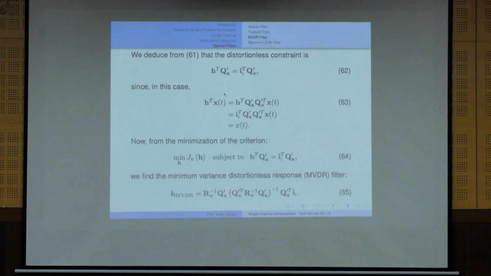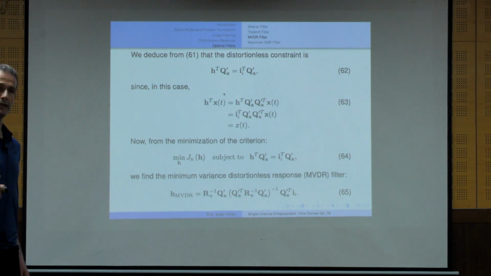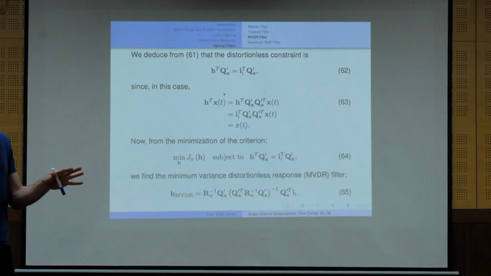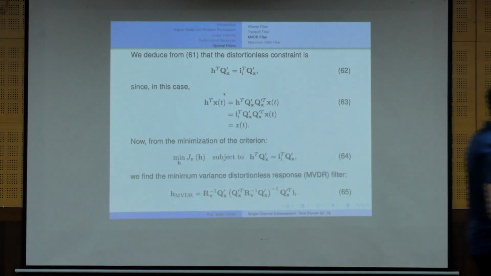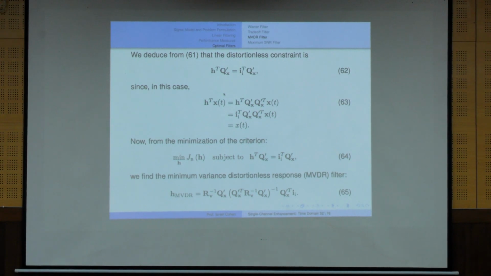So what is the distortionless constraint? With the MVDR, we minimize the noise at the output. This is the estimate. We want to minimize the noise while not distorting the desired signal.